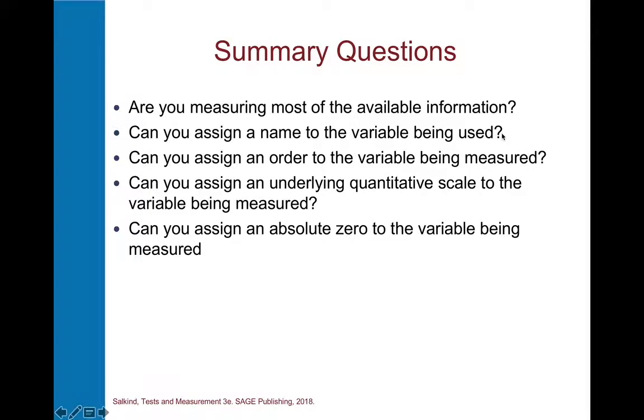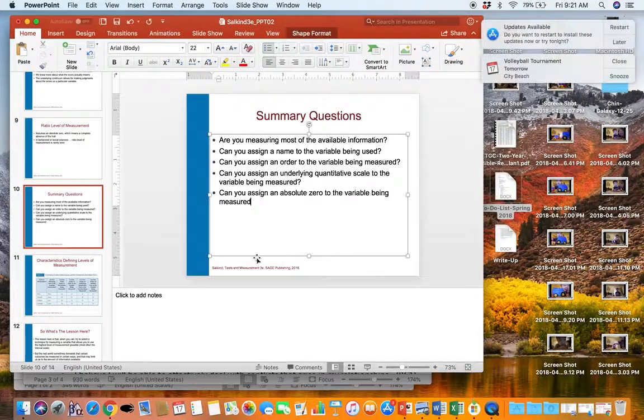That will determine whether or not you're using a nominal level of measurement. Can you assign an order to the variable being measured? That determines whether or not it's going to be an ordinal level of measurement. Can you assign an underlying quantitative scale to the variable being measured, a scale that has equal intervals? That will determine whether or not it's an interval level of measurement. And last but not least, can you assign an absolute 0 to the variable being measured?